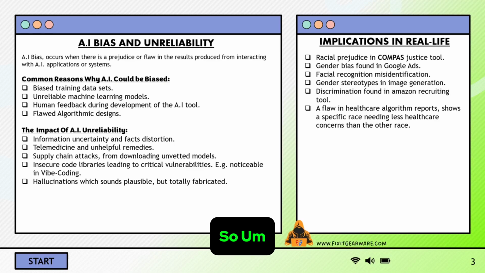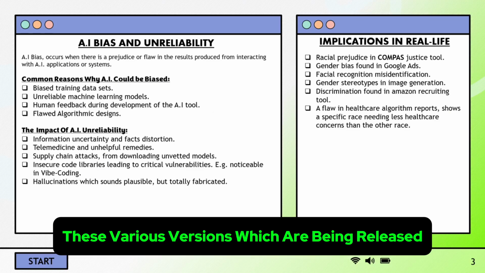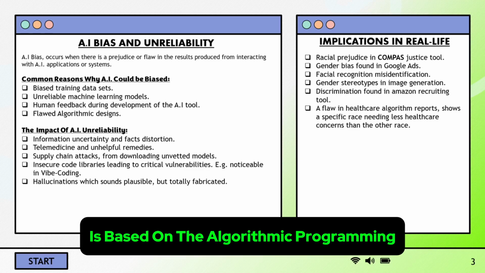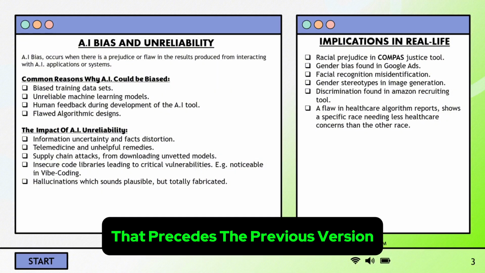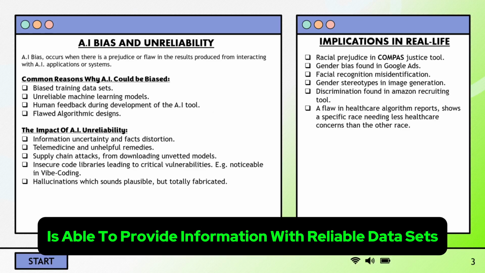So these various versions which are being released are based on the algorithmic programming that is very important to ensure that the version that succeeds the previous version is able to provide information with reliable data sets.